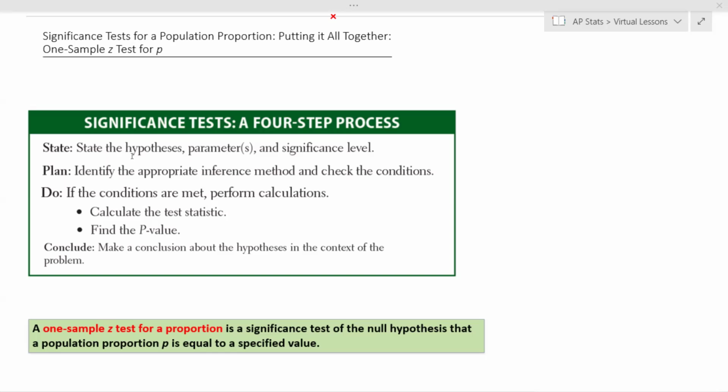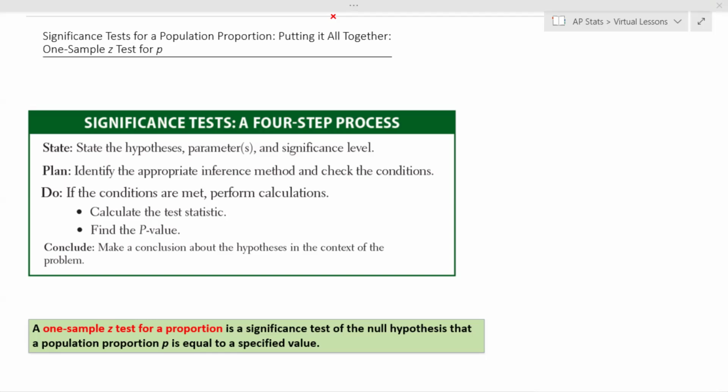Now notice checking the conditions comes before the calculations and the conclusions, and also identifying which method you're using is important to do first because that tells you which conditions to check. And then you proceed to the do step if the conditions are met, where you calculate the test statistic and p-value. And then in step 4, you make your conclusion about the hypothesis in the context of our problem there.